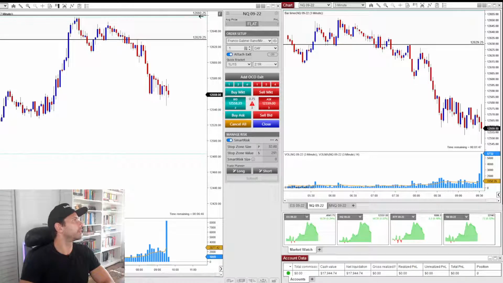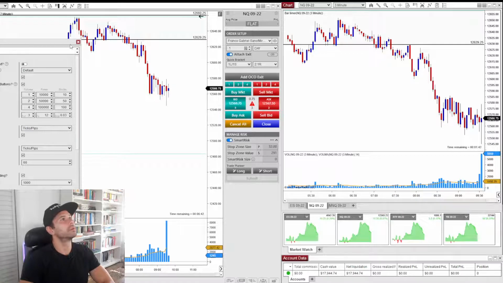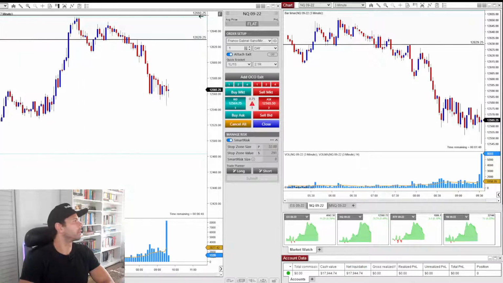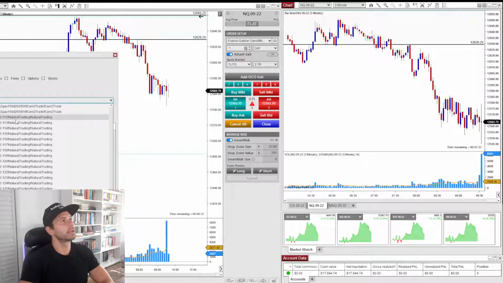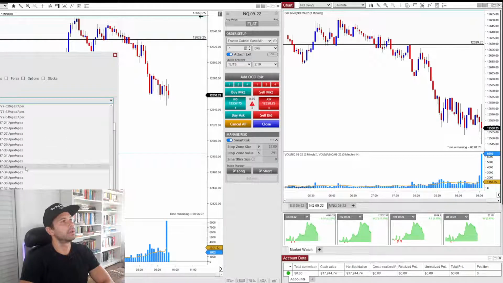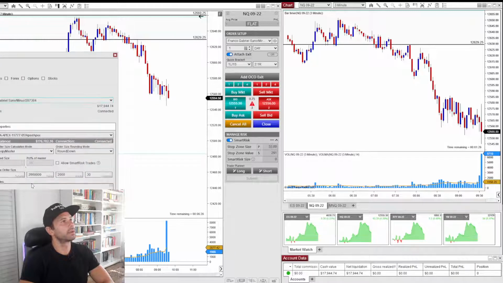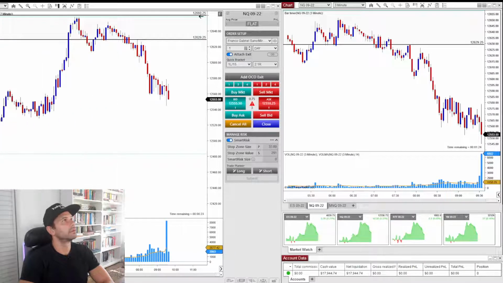I do trade more than one account, so I like to set up more than one account. Let me go to Katana group accounts settings. All right, so my real account. There we go. And I'm copying the funded account with Apex.